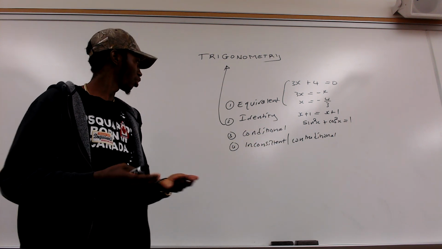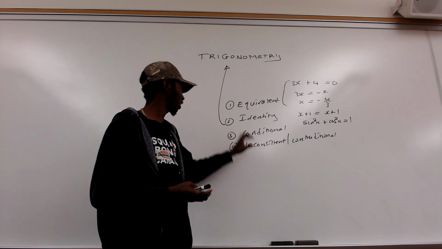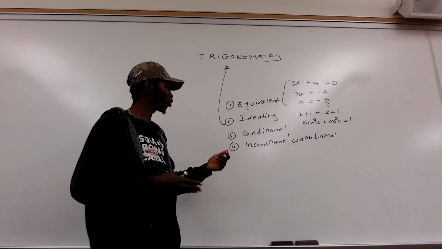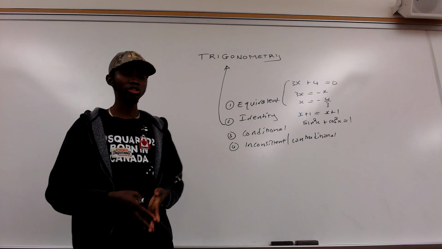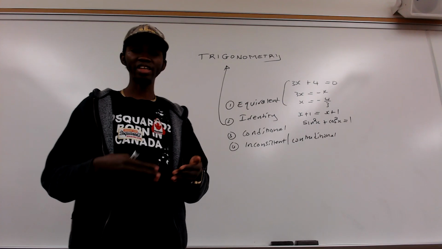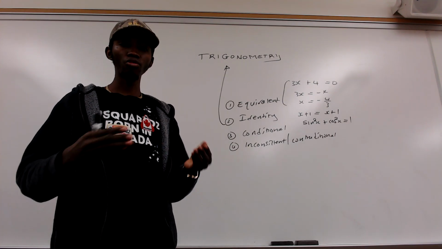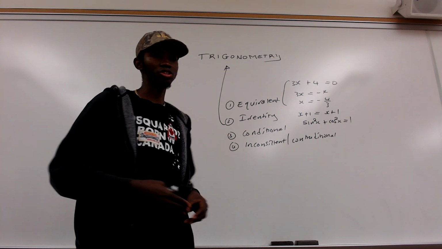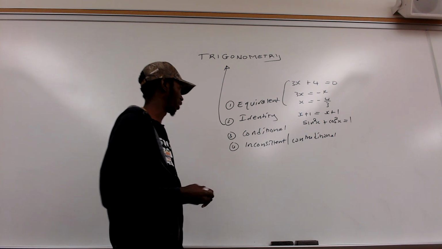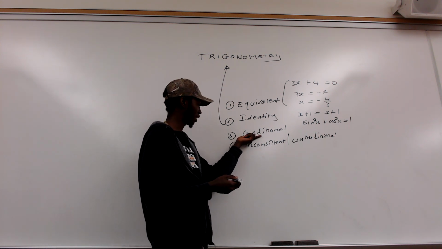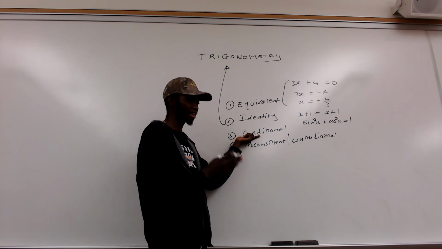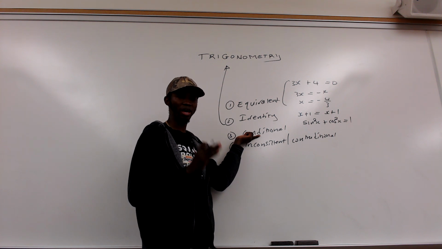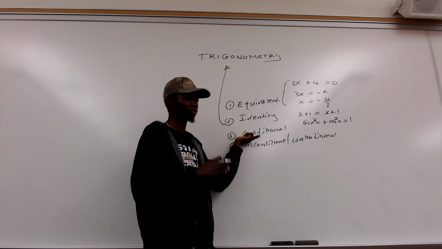All of those fall under the category of conditional equations. From the word conditional, these are equations which are conditioned, that can only be satisfied by a few of the values of the variable in the domain. It simply means an equation that can be satisfied by only a few of the values of the variable of the domain.